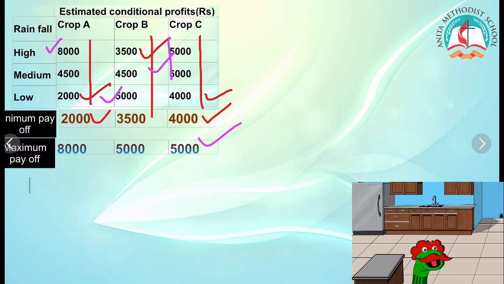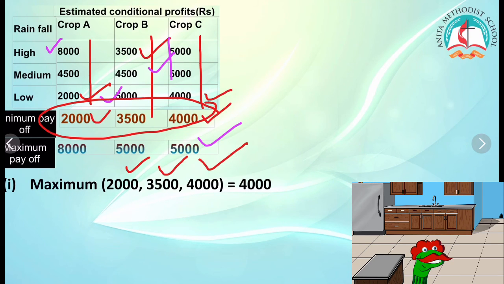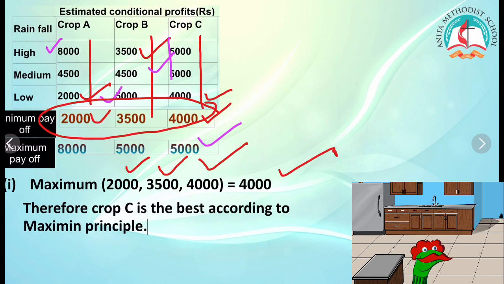Now I am going to find out the maximum of this. So which one? So 2,000, 3,500, 4,000. So the maximum number is 4,000. And 4,000 is present in the C place. Therefore, crop C is the best according to the maximin principle.